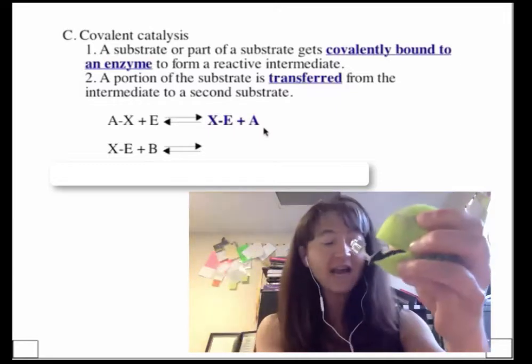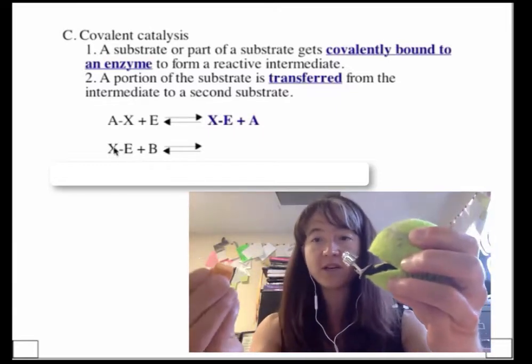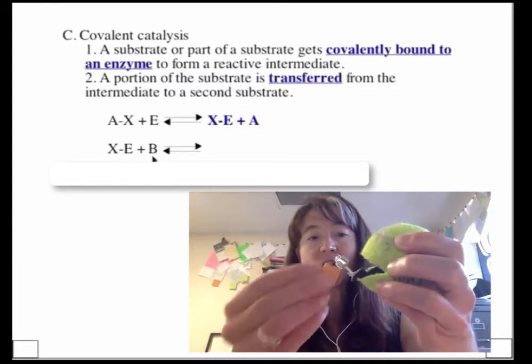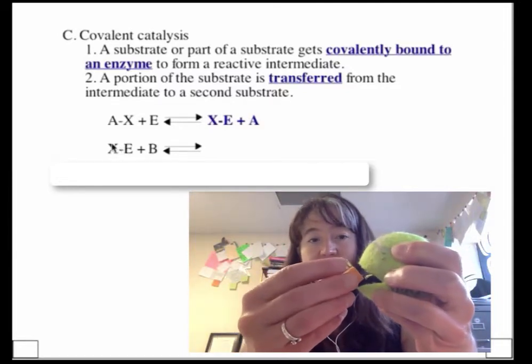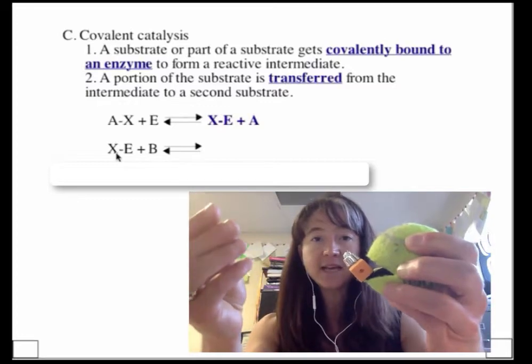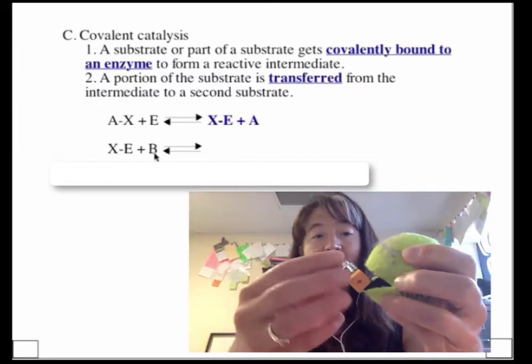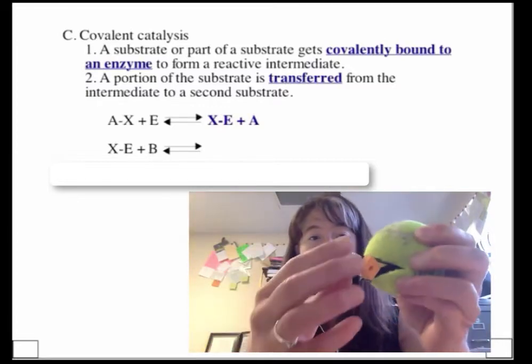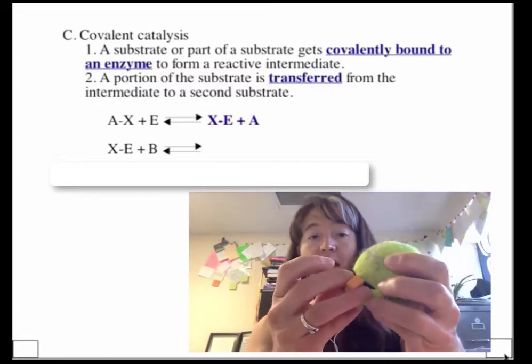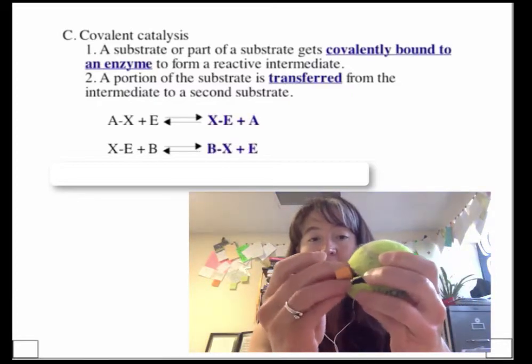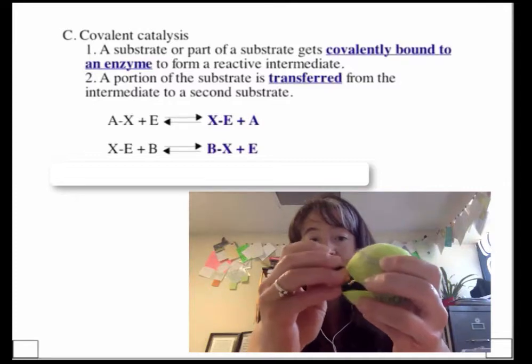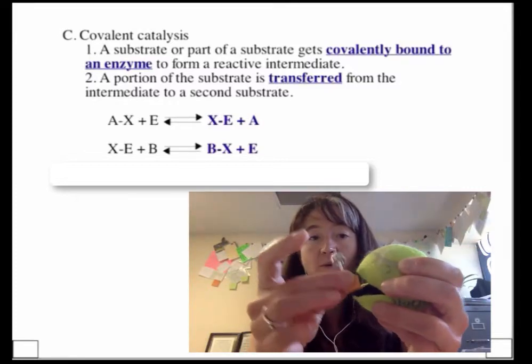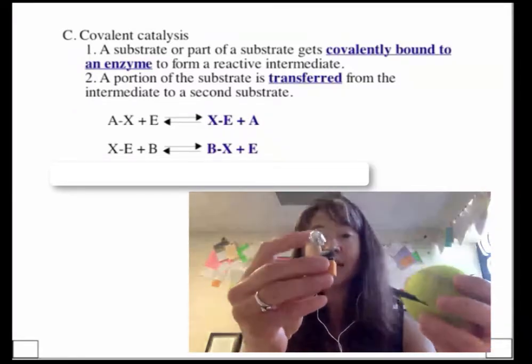In comes now the second substrate, which is going to be B. B is going to bind to the enzyme, but the enzyme is then going to catalyze the movement of what was originally our X onto B. So X will be covalently bound within this enzyme active site to B, and then what will be released is BX.